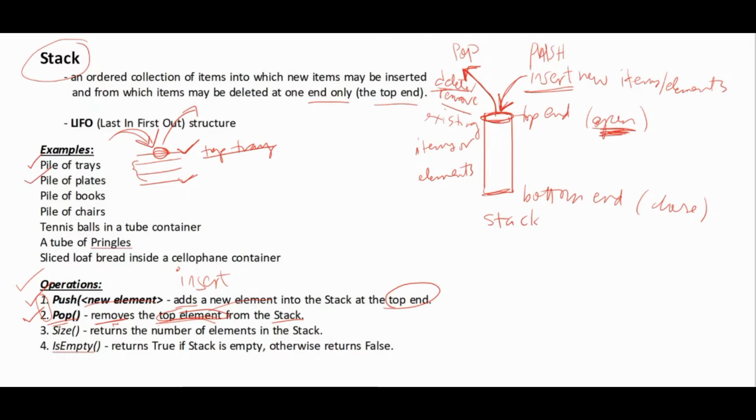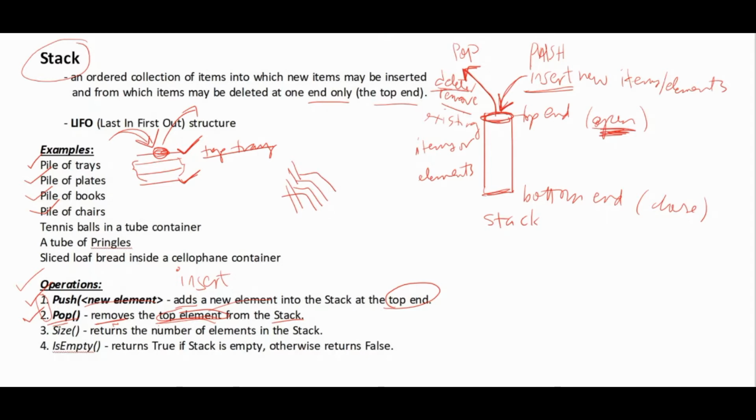Now the same is true for a pile of plates. When you get a plate, you have to remove by default the top plate, not the middle plate, or worse, the bottom plate. The same is true for a pile of books, and for a pile of chairs. So we have here the bottom chair, another chair, and then another chair, and say this is the top chair.